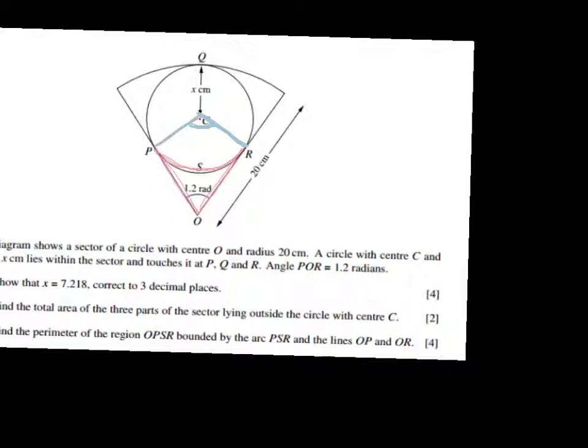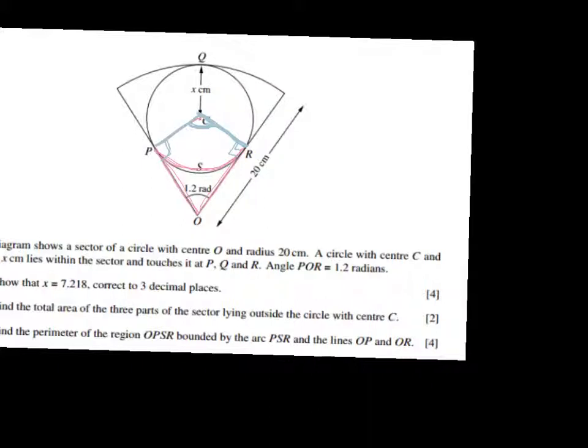So, what we know is that these opposite angles here are going to add to 180 degrees, or in this case pi, because we're in radians. Why do I know that? I know that because we already looked at the fact before that the radius and the tangent make a 90 degree angle. So that would be 90 degrees there, which means it's 90 degrees over on that side as well.